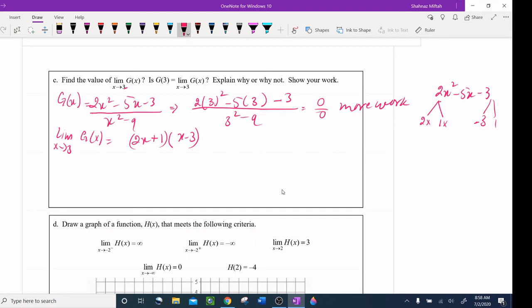So this is what I got. You will be asking, how do I know plus 1 goes with 2x and negative 3 goes with x? I don't. I can try 2x minus 3 and x plus 1. You can do the FOIL like this, right? You can do the foiling and see if you are getting back this answer.